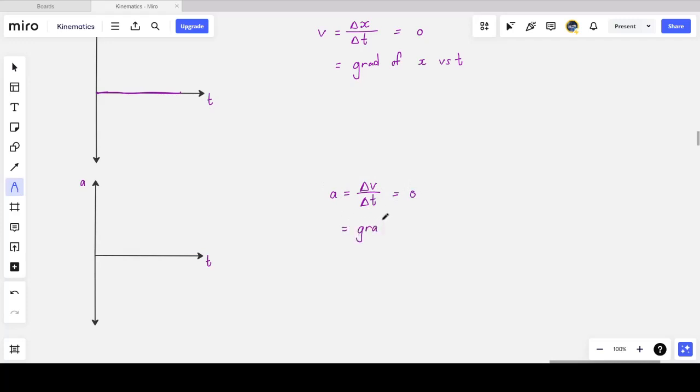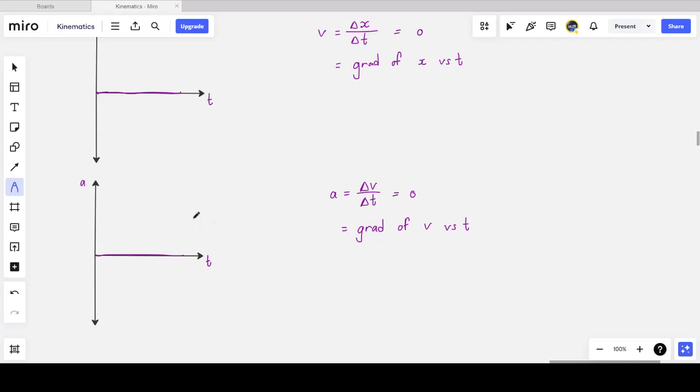Acceleration is given by the gradient of the graph of velocity versus time. There isn't a gradient for my graph of velocity versus time, it's a flat line which has a 0 gradient, and so at any time I plot an acceleration of 0. Fairly straightforward, and this is for a stationary object.